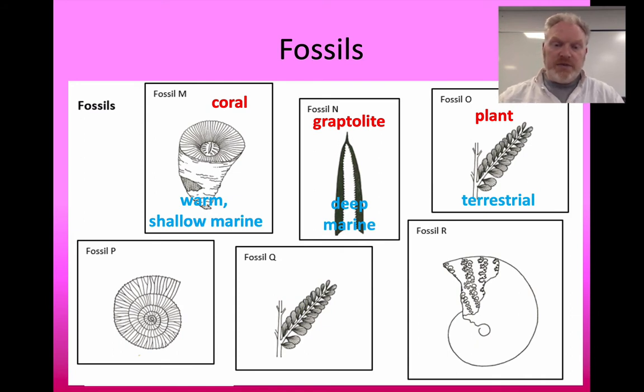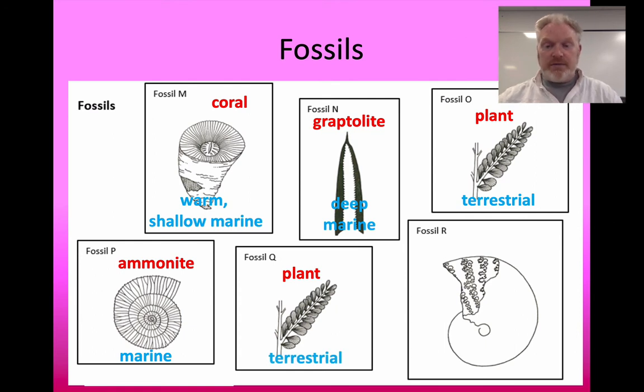Fossil P, a bit of a simple diagram but very distinctive shape of an ammonite that's marine, can be shallow or deep. Ammonites, they're pretty free swimmers. Fossil Q, which I need to change because it's the same as O, sorry about that, is a plant which is terrestrial.